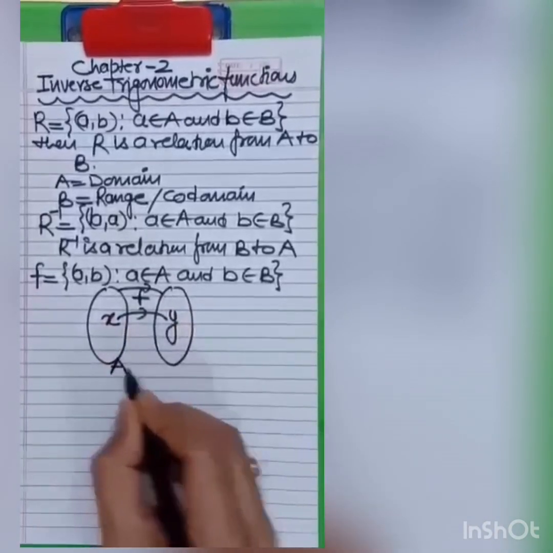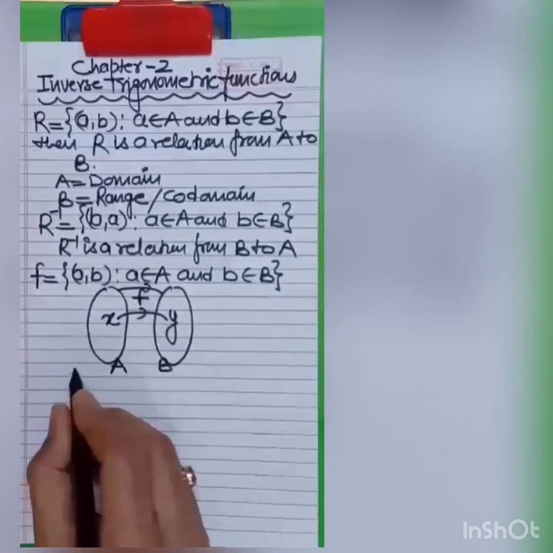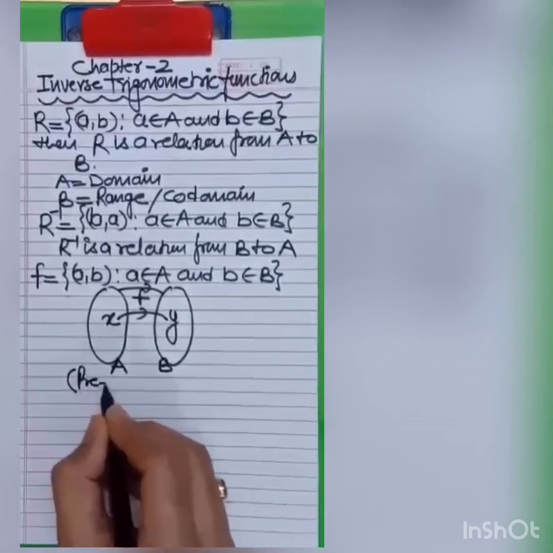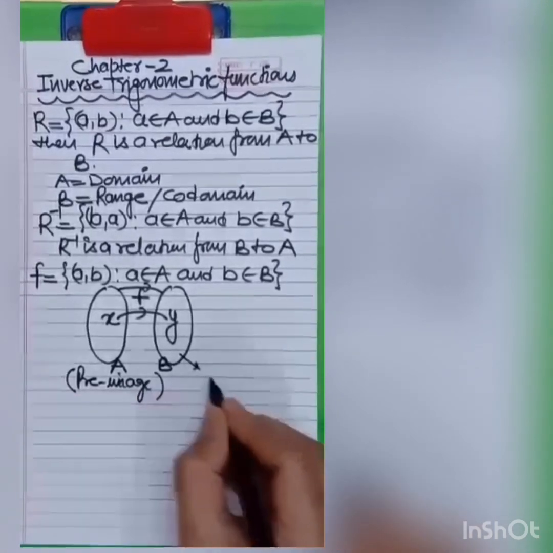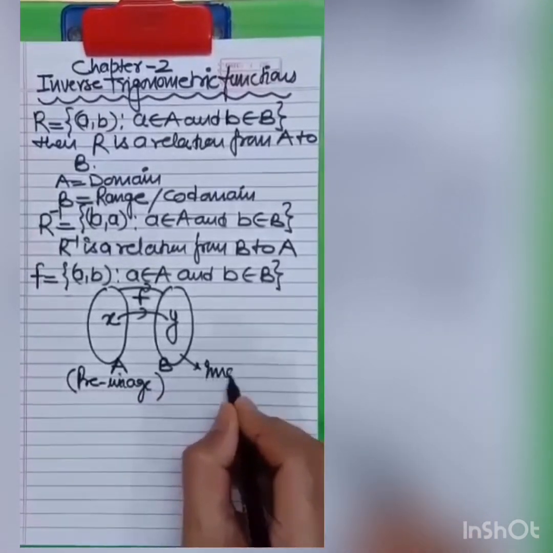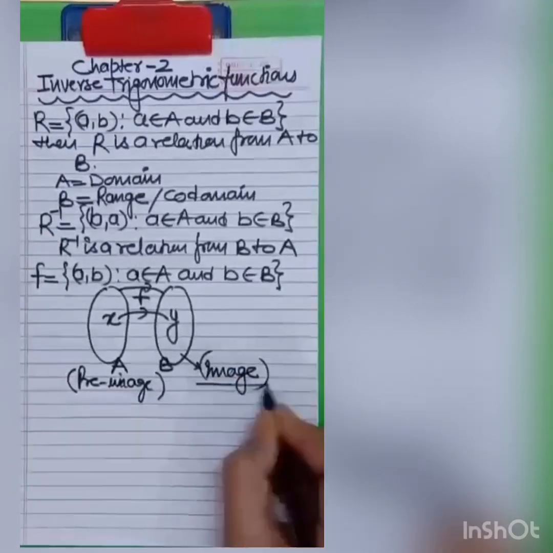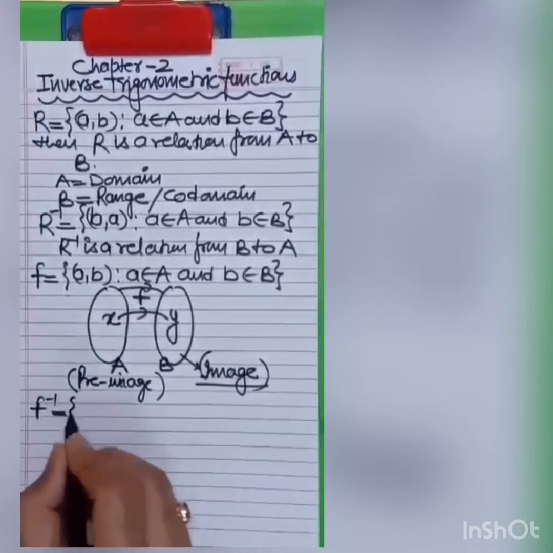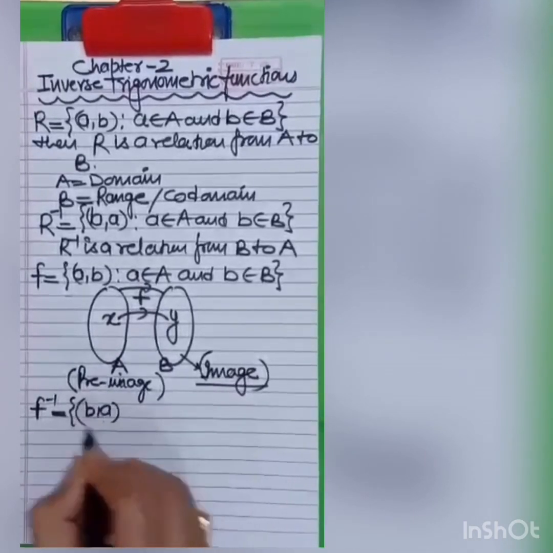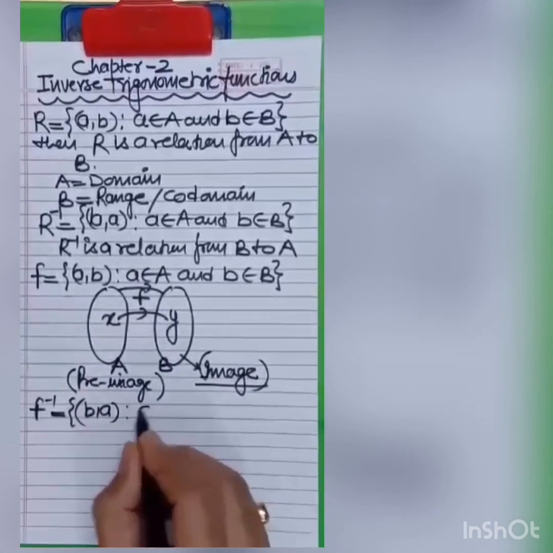A and B are two sets. This set is called pre-image, or you can say the domain, and this is the image, or range. Similarly, F inverse will be a relation from B to A.